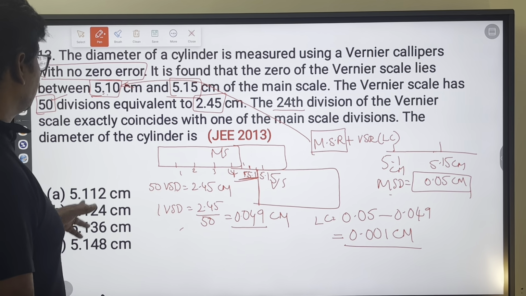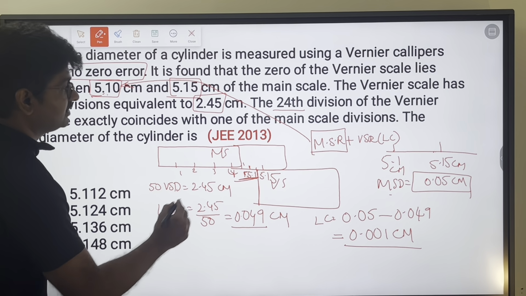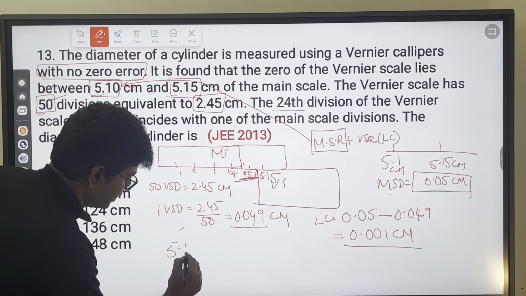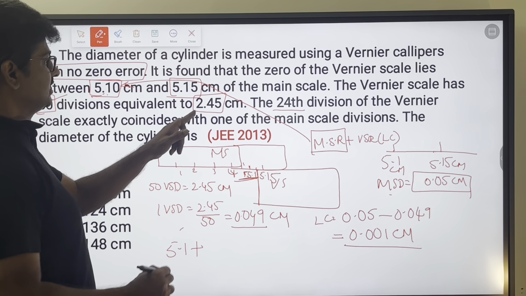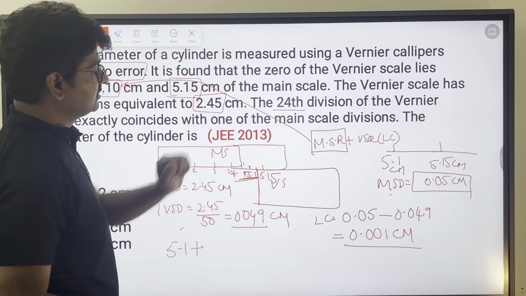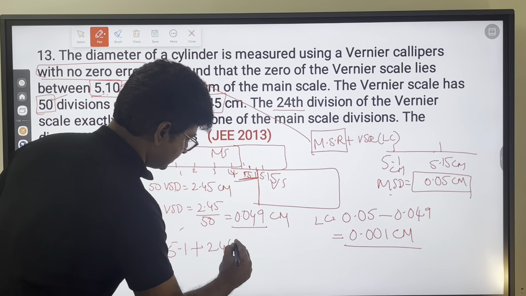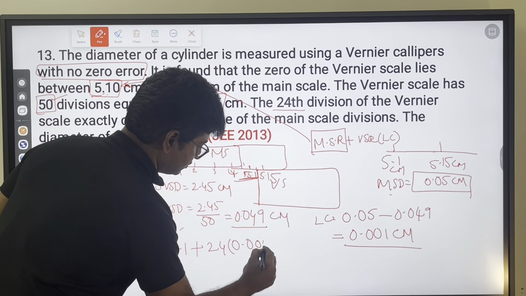So now we have to find the value. What is the main scale reading plus vernier scale reading into least count? Main scale reading is 5.1 plus vernier scale coinciding division is 24 into least count 0.001.